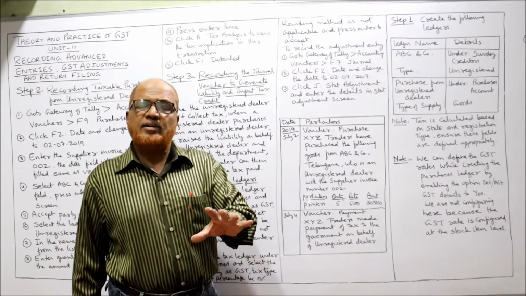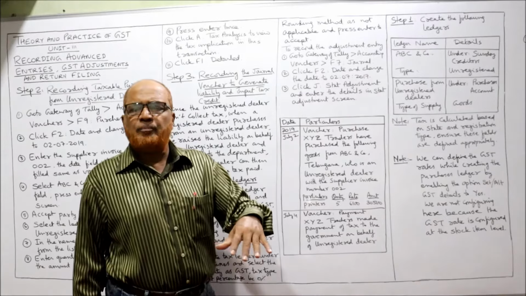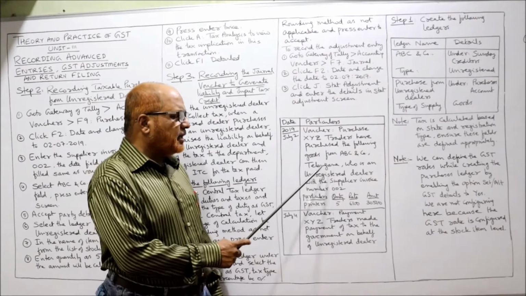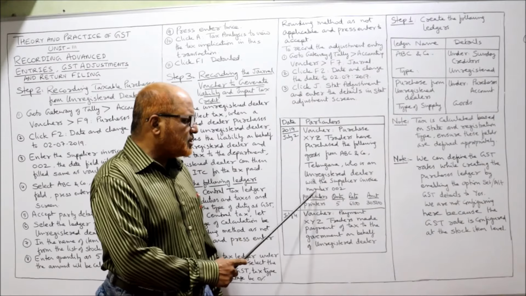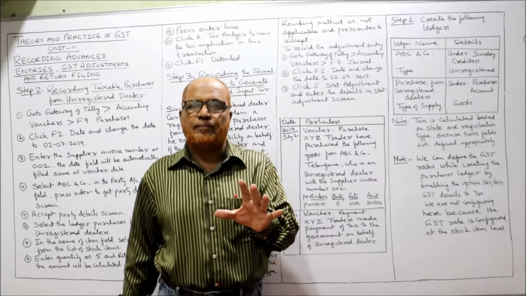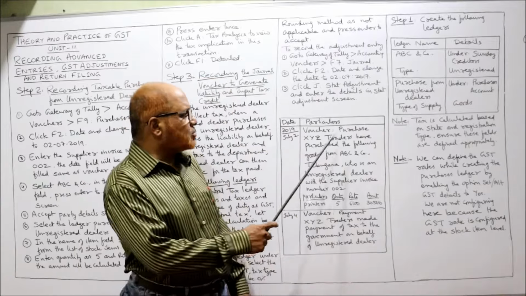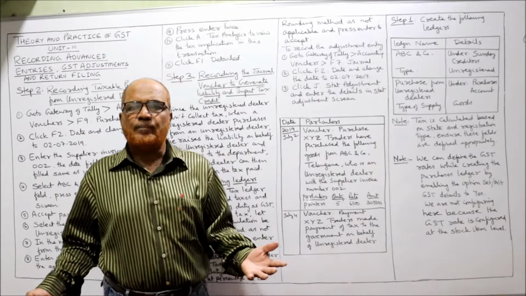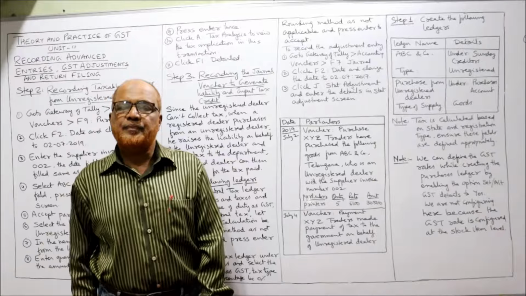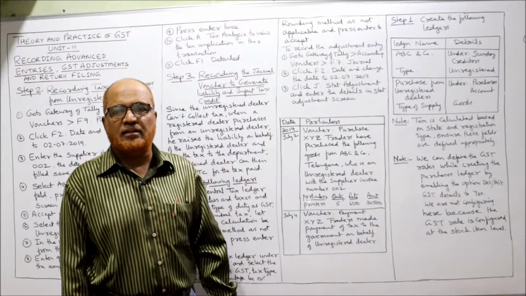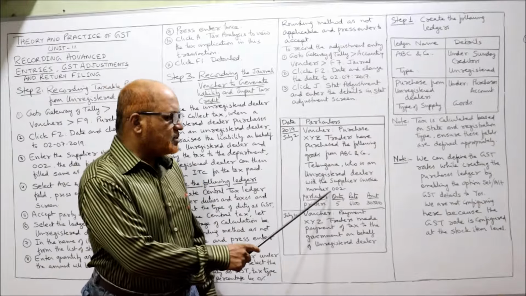XYZ traders is a registered dealer and they have purchased the goods from ABC company, Telangana, who is an unregistered dealer, with the supplier invoice number 002. Imagine our company is XYZ company, which is a registered one, and we are buying the goods from ABC company, which is an unregistered dealer, with an invoice number of 002.